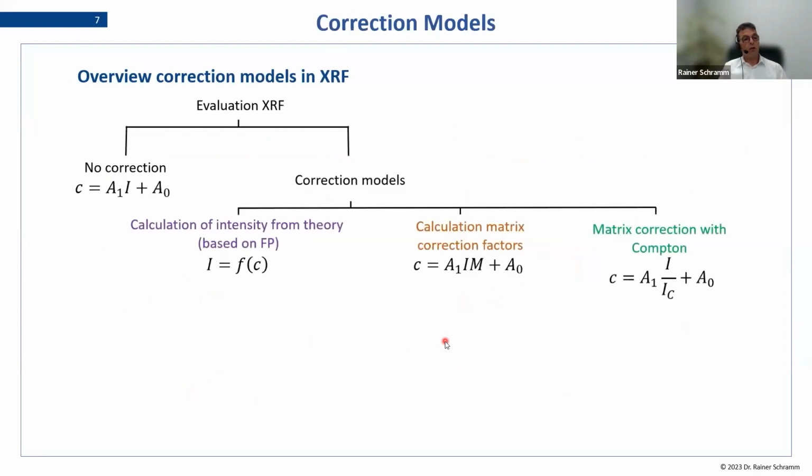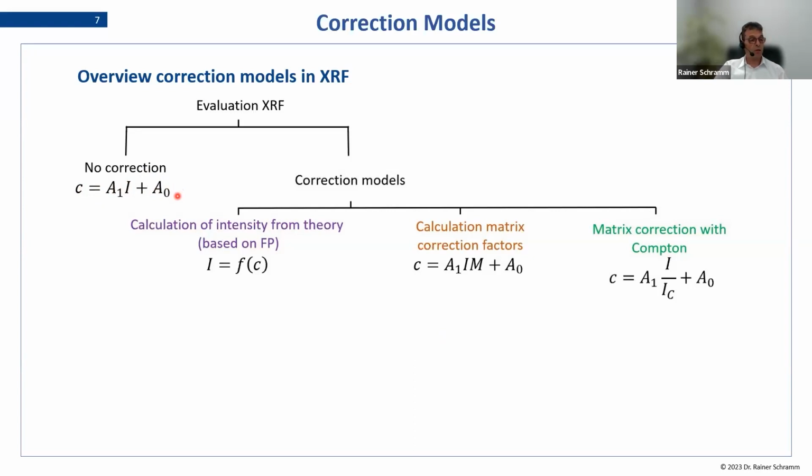Here you get an overview about all the correction models we have in XRF. Of course, the easiest correction model is if you use no correction. You just have your relationship between intensity and concentration, and with a straight line, you establish the two coefficients, and you get your calibration. That is, of course, the ideal case, and we all wish that we can use that and don't need any correction models.